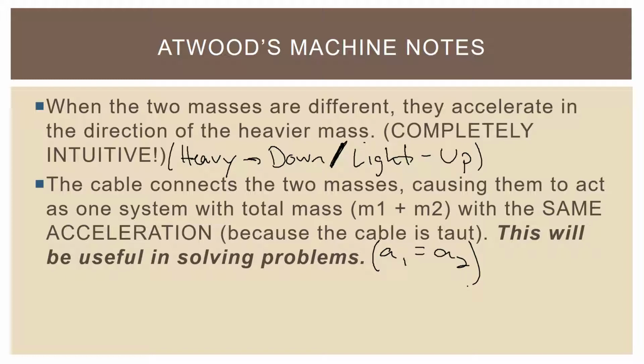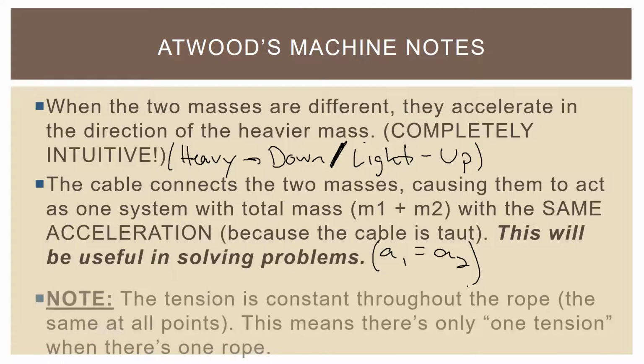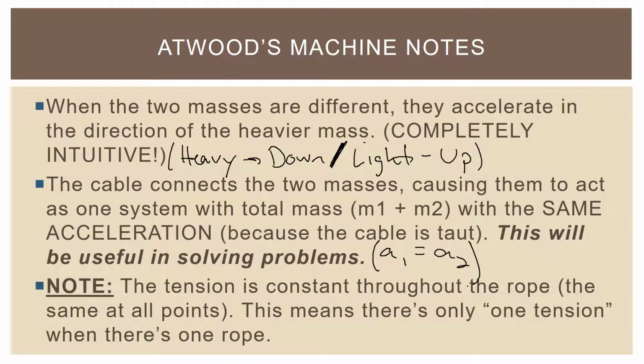And lastly, an important point to realize too, and we talked about this for the last problem with the bird feeder, the tension is constant throughout the rope. It's the same at all points in the rope, because we assume massless ropes here.